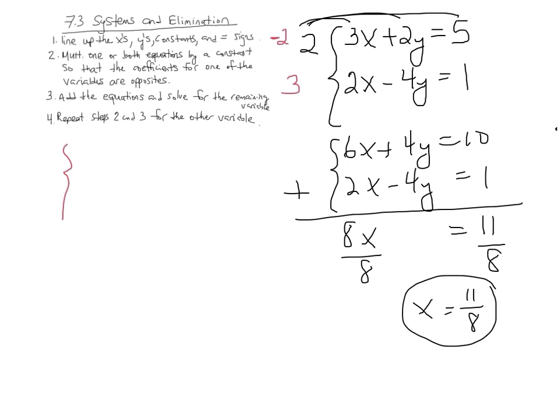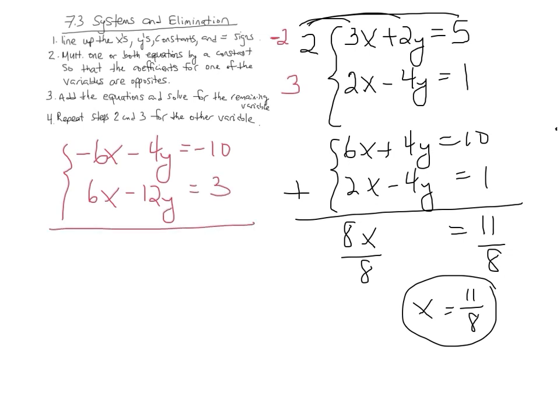So top equation by -2 gives me -6x minus 4y equals -10. And then the bottom equation by 3 gets me 6x minus 12y equals 3. We will add the equations and we'll see that we've eliminated the x's this time.